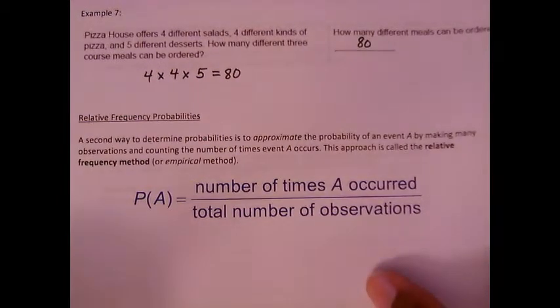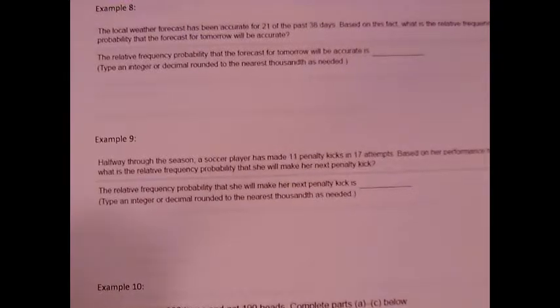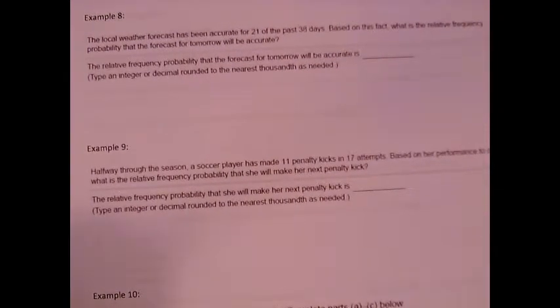So let's say we have something like this. Here's example 8. A local weather forecast has been accurate for 21 of the past 38 days. Based on this fact, what is the relative frequency probability that the forecast for tomorrow will be accurate?